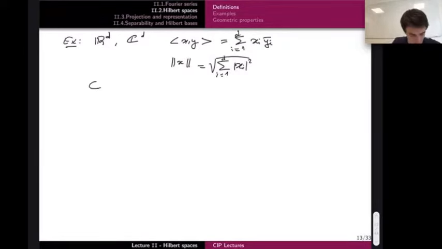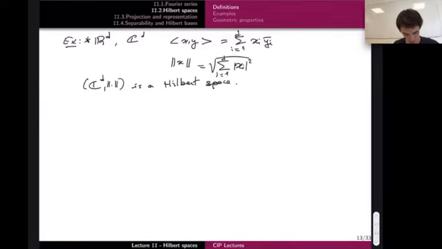And R^d or C^d with this norm is a Hilbert space. So it's a finite dimensional one, but it's still a Hilbert space, so it's complete in particular. Okay, so that's the first example.